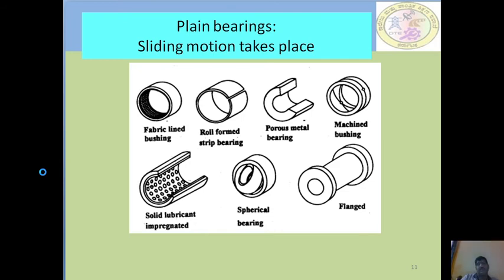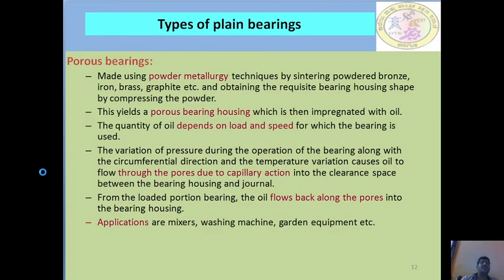You see the isometric view of the fabricated bushing, roll formed strip bearing, porous metal bearing, machined bushing, solid lubricant impregnated bearing, spherical bearing, and flanged bearings, which have sliding motion when operated in working conditions. The porous bearings are not in the VTU syllabus, but it is useful to have the knowledge.